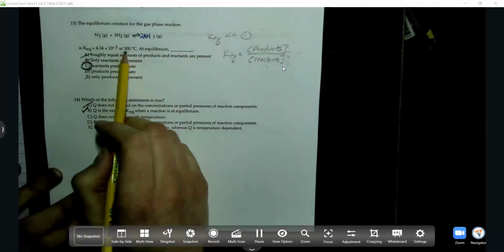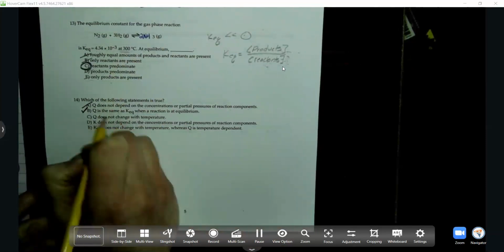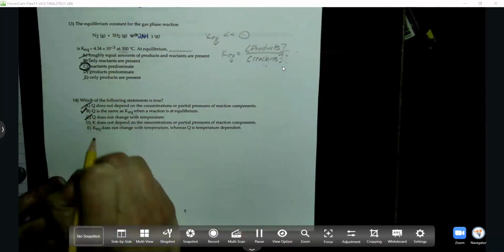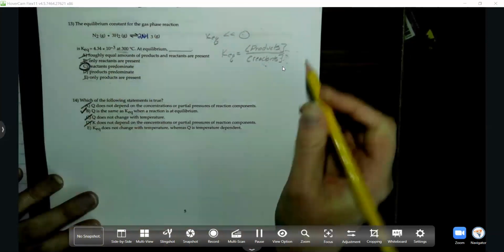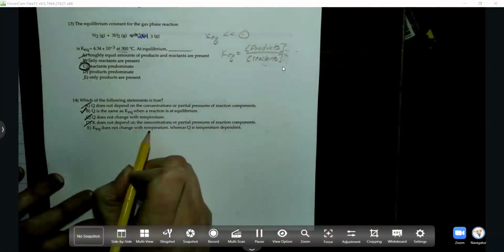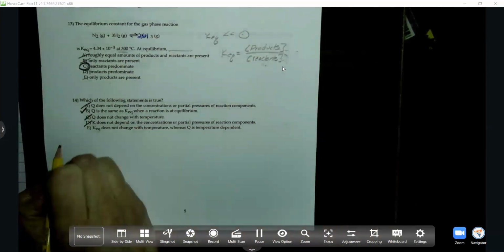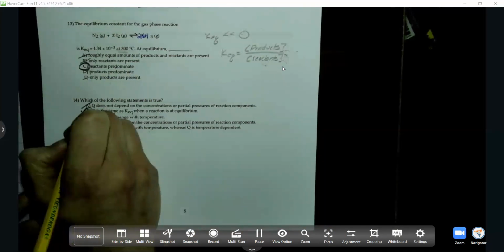Anytime you're given a KEQ, you're usually given a temperature, because the KEQ is different at different temperatures. So if KEQ changes with temperature, so does Q. K does not depend on the concentrations. We already decided that it definitely depends on the concentrations. KEQ does not change with temperature, but Q is temperature dependent. That's not true. So our answer is B.